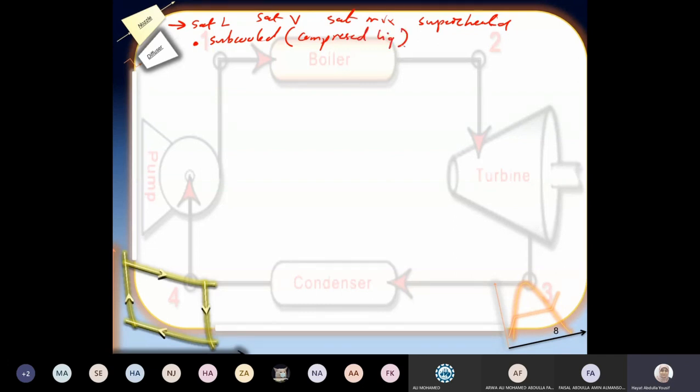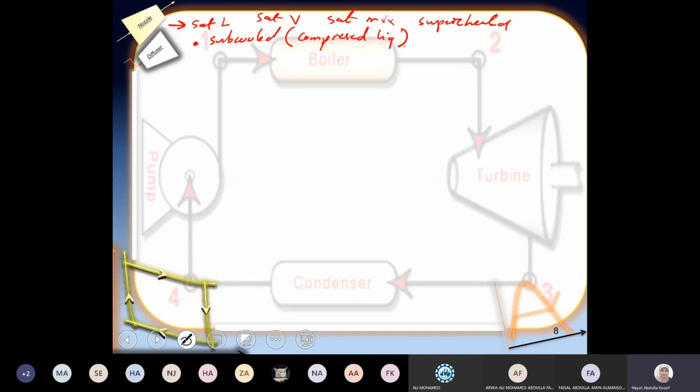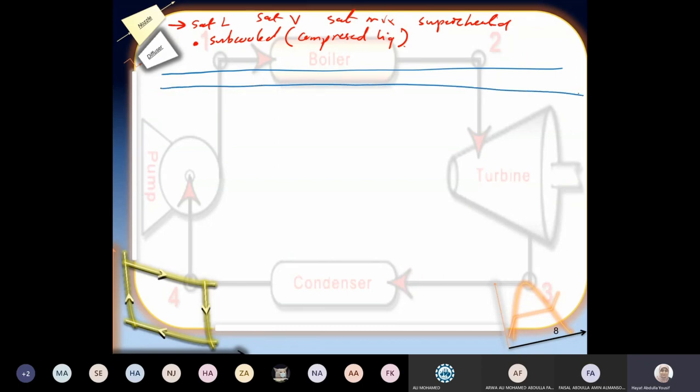Okay. What I want to do here is clarify how I can define those phases using the table. Generally speaking, let me make a table, maybe easier to clarify the idea.